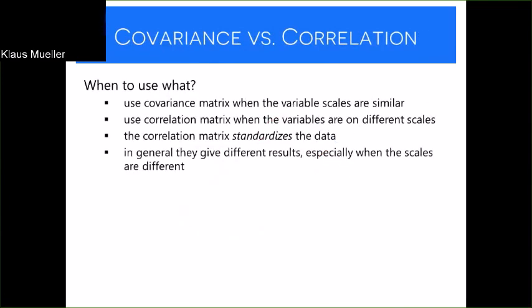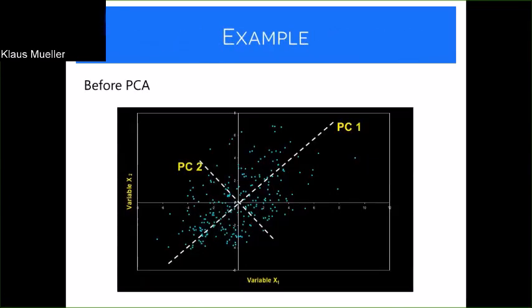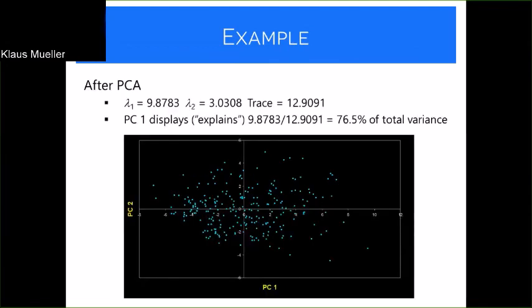Okay, then to show you a little bit more of an example for PCA, it's this one. So let's say you have this distribution here, variable 1, variable 2, and you find these principal components, PC1 and PC2, with this covariance matrix orthogonalization. Then you take this space here and convert it into this principal component space.